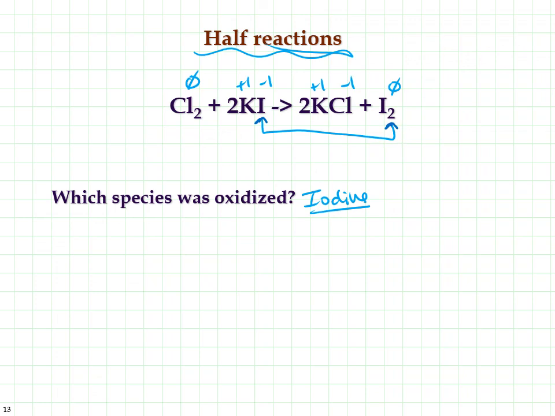I used to have 2 iodides, that negatively charged ion. It gave away 2 electrons, and what was left over was I2. That was neutral with a 0 charge. Good? So this would be the oxidation half reaction, the half of the reaction that is oxidation.